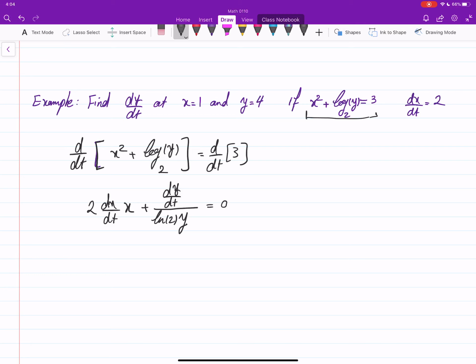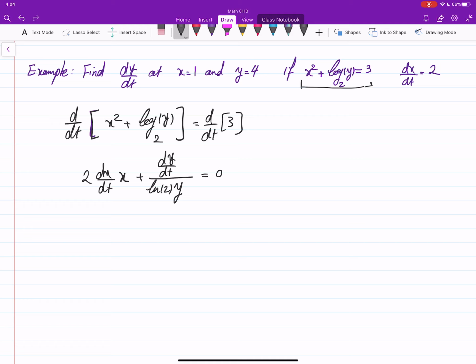I guess now we have the equation we are looking for, and now plug in the values. X is equal to 1, y is equal to 4, and dx/dt is equal to 2. So plug in everything. 2 times 1 plus dy/dt over ln 2 times 4. This is equal to 0. Now we have this equation, we have to solve it.